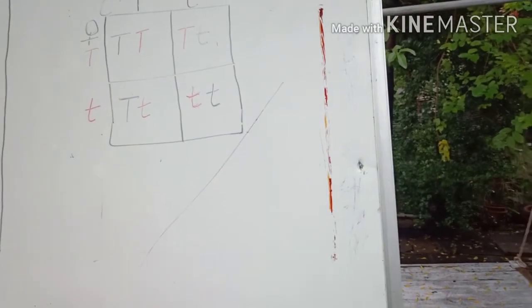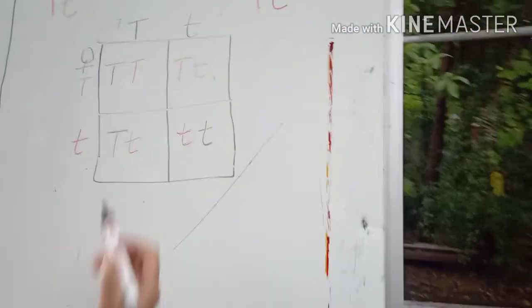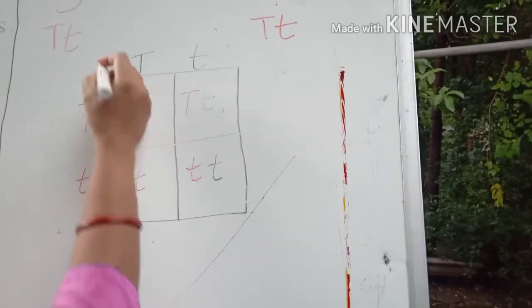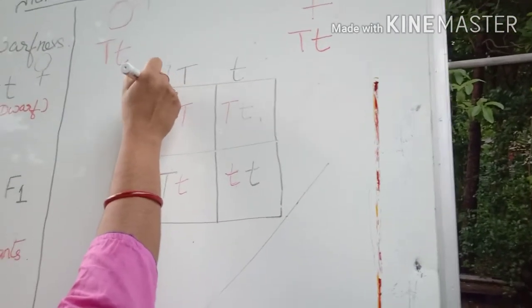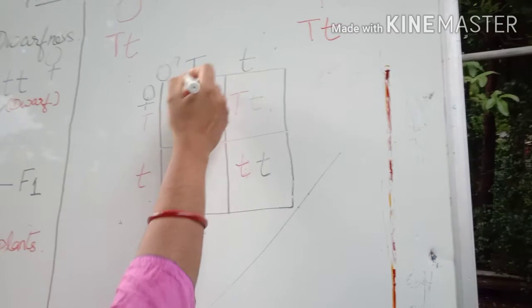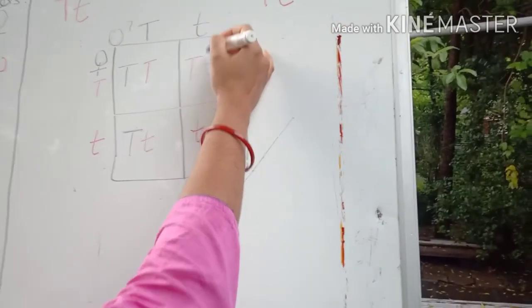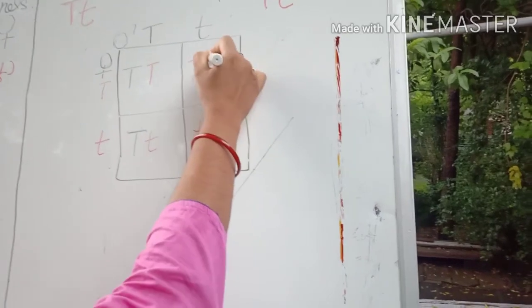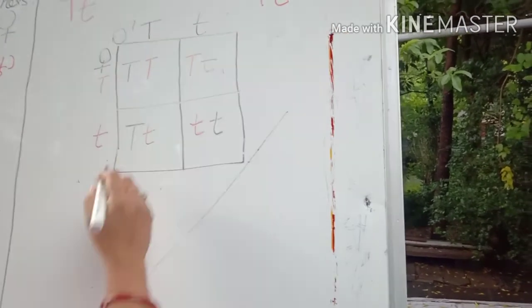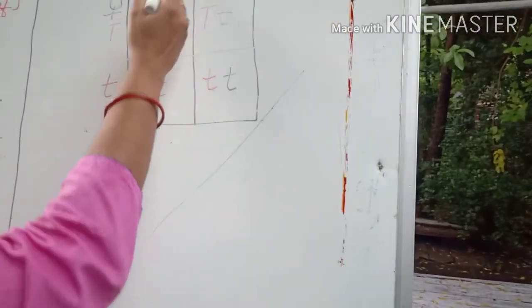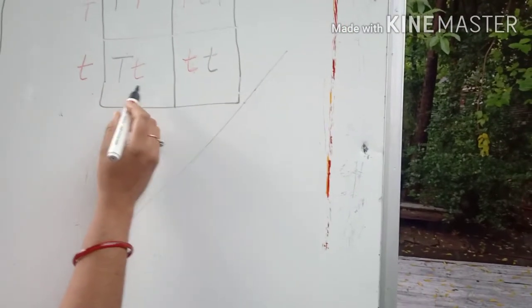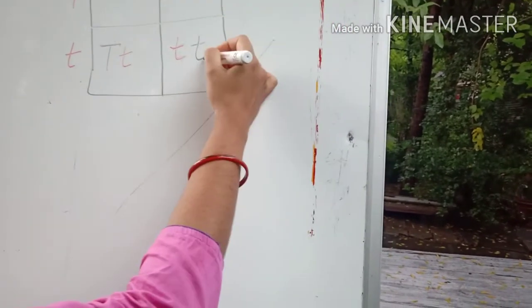Fine. Why I am showing you this with different colors, so that you should know that this black one is male parent and this capital T is coming here, and there again the small t from the male parent is coming here. Okay, here capital T is coming from the male parent, small t from the female, small t from the male, and then small t from the female.